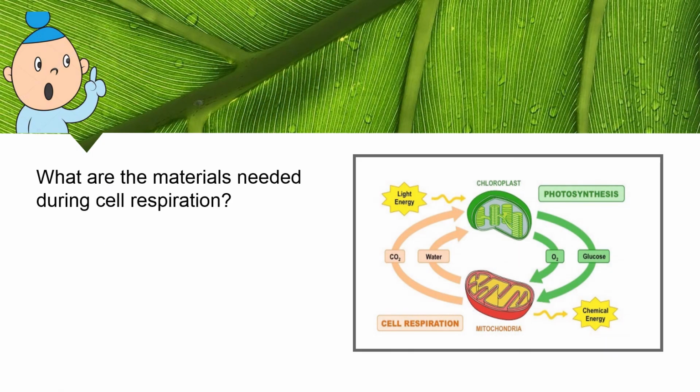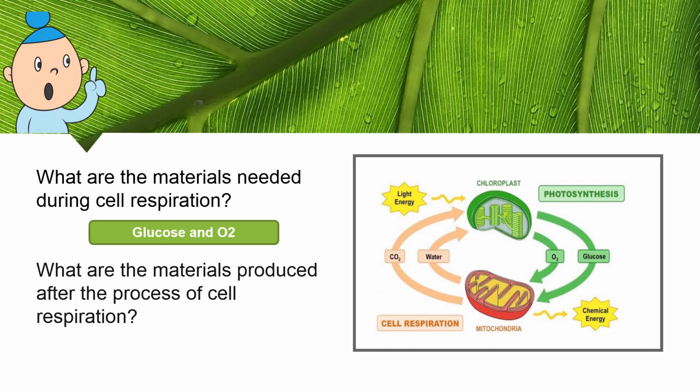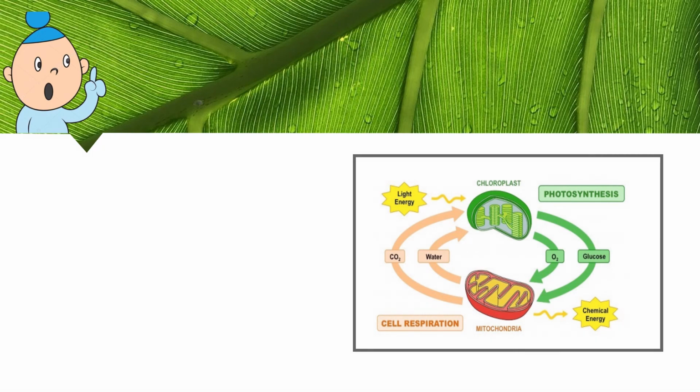What are the materials needed during cell respiration? Of course, we have glucose and oxygen. What are the materials produced after the process of cell respiration? We have carbon dioxide and water.